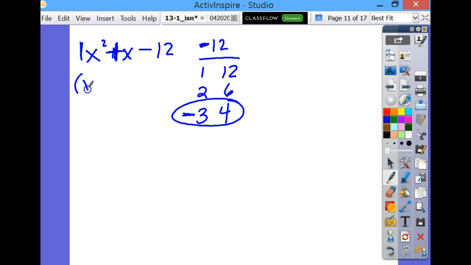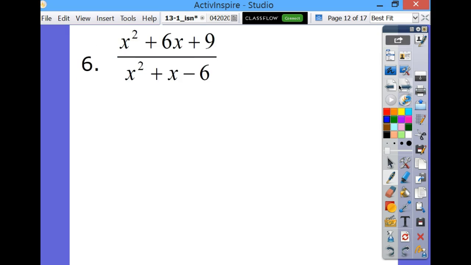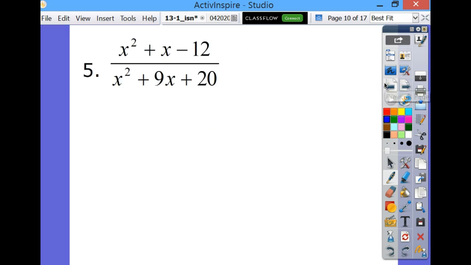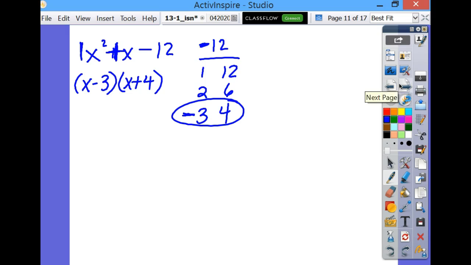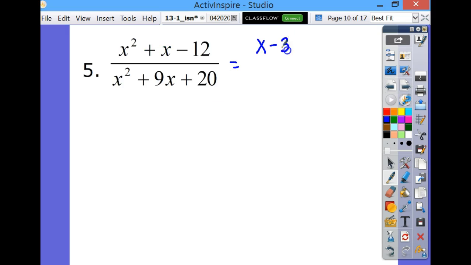Since this is 1, I can use my shortcut factoring. So back over here to my problem. I'm on the wrong problem. This is x squared minus 3x plus 4.